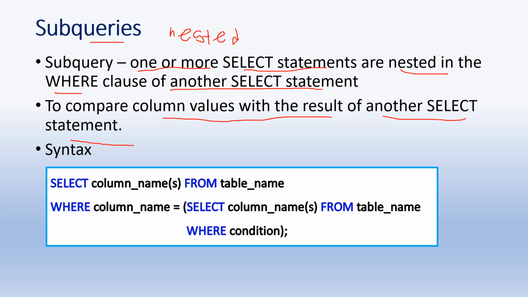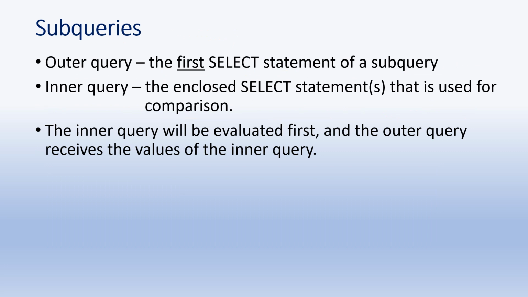You can see here, the select statement is inside parentheses. The outer query is the first select statement of a subquery. The inner query is the enclosed select statement that is used for comparison.